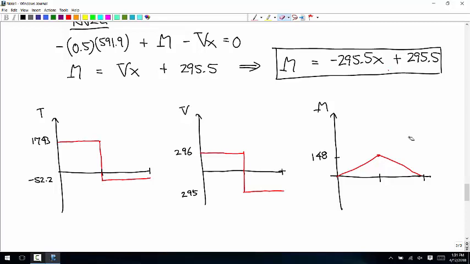So if you wanted to know what the internal loads are at x equals 0.25, you look here and say that it's 1743 in tension, so it's being stretched at 1743. You go here, it's at 296 for that. You go here, and it's for half of that, 74. And so that's all those tell you. But if there's a place where all the values are at their maximums, then that's the place that you're most worried about.